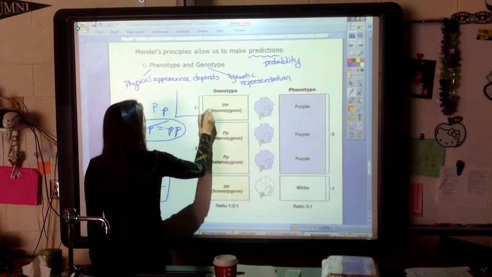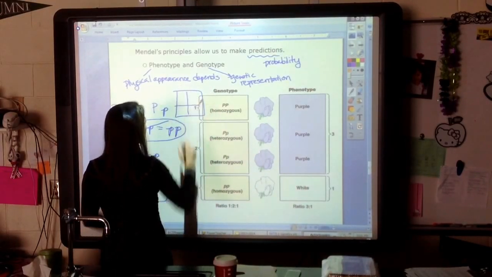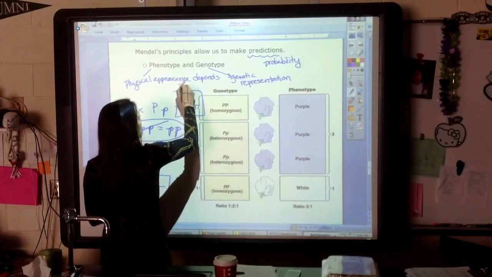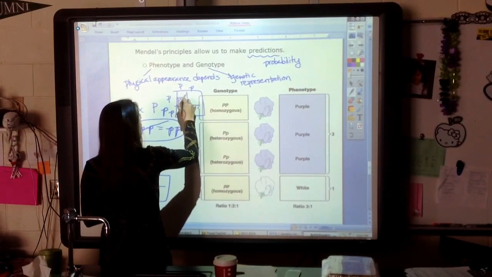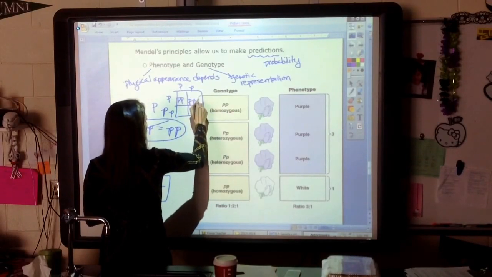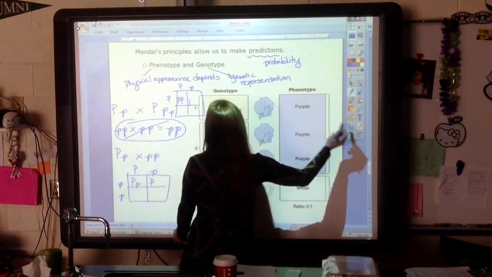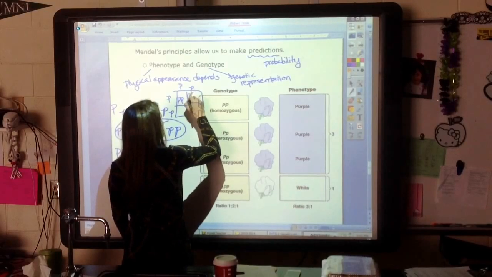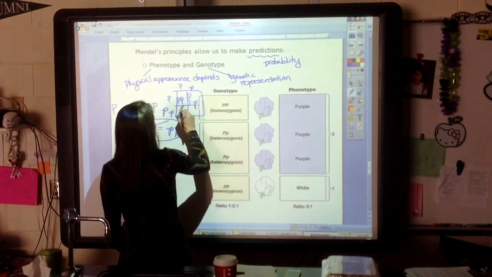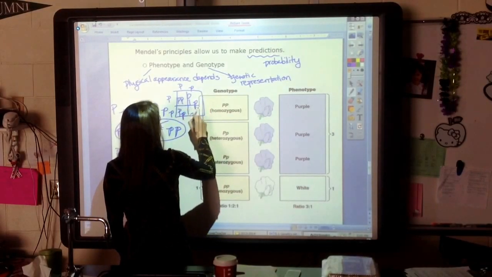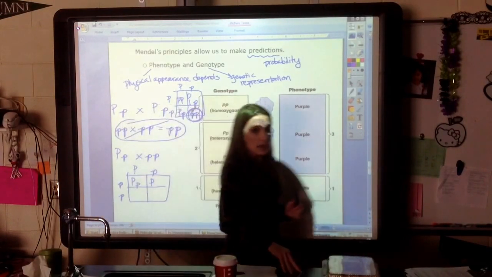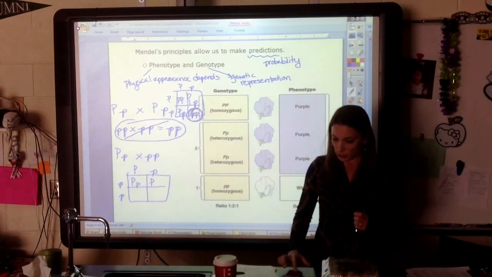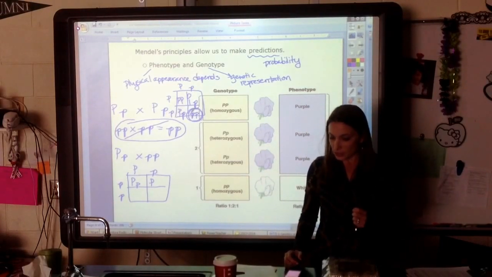This is the ratio where you will get a 3 to 1 ratio. Big P, little p, big P, little p. I struggle with the p's. And this is the only one that would be white. And so we need to be able to make predictions going forward and going backwards.